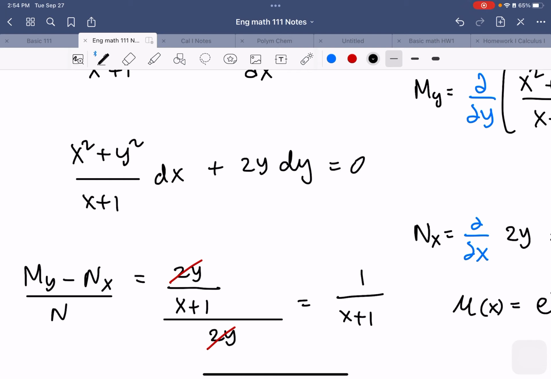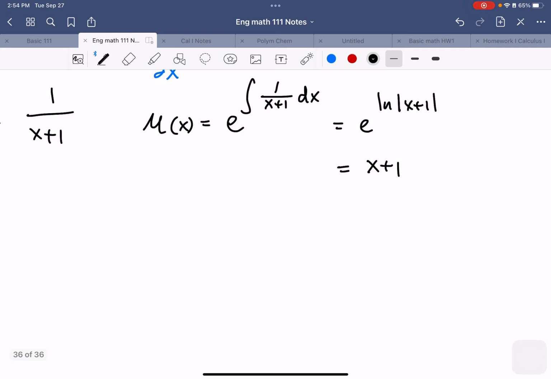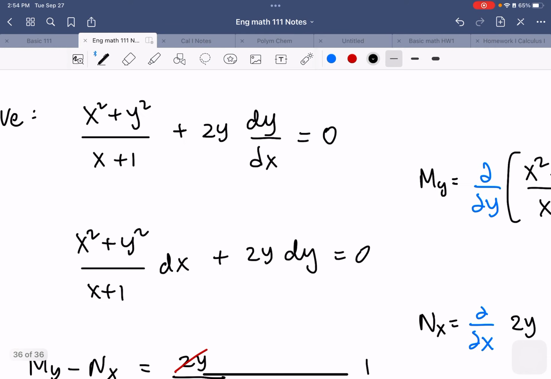So what I mean by this solution here is, at the end we get the integrating factor is x plus 1, which we are going to multiply. But actually, if you think, because you have the equation equaling 0, perhaps you need to multiply it with x plus 1, and maybe you will get your exact equation. So I think that is what we are doing, okay?